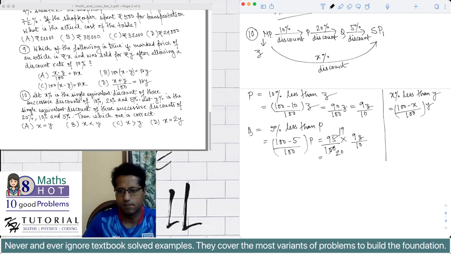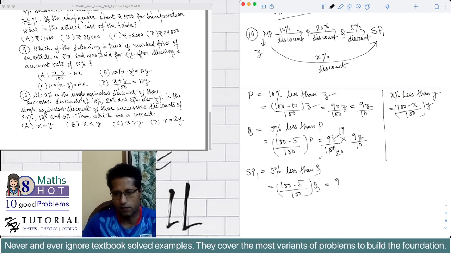Okay. Now what is SP1? SP1 is again 5% less than Q, which is (100 minus 5) divided by 100 multiplied by Q. Sorry, Q is 20% less than P, not 5%. What am I doing? This is 20%.